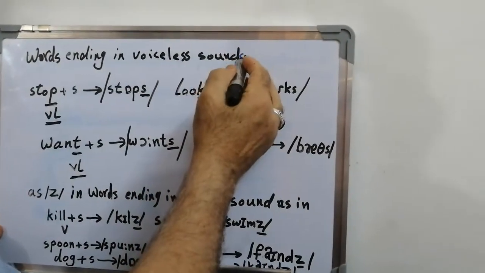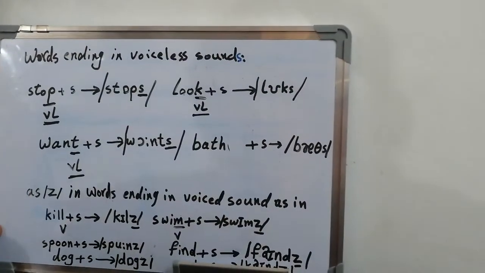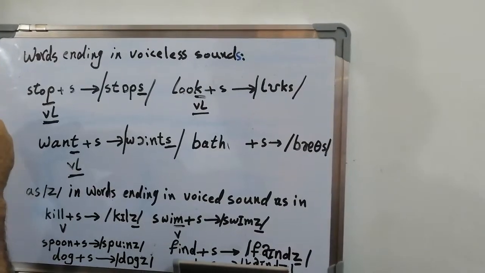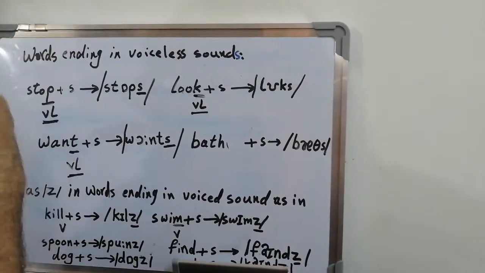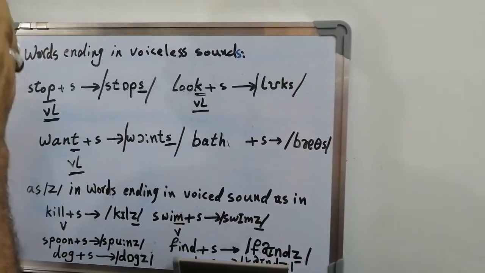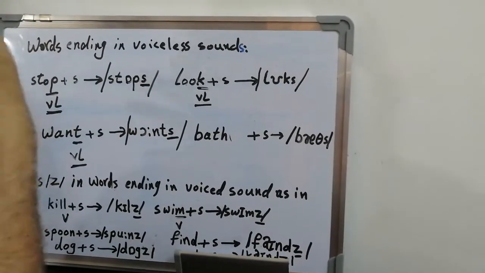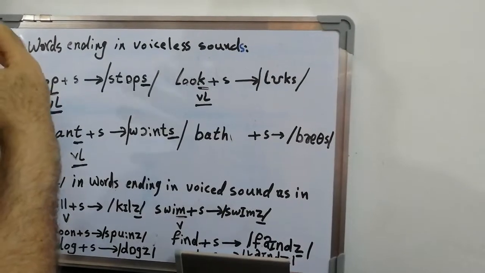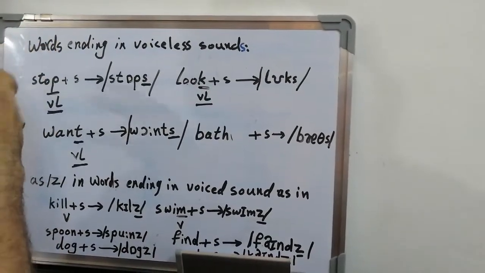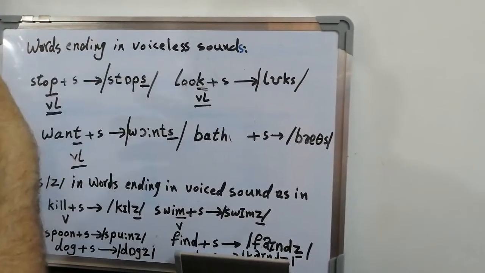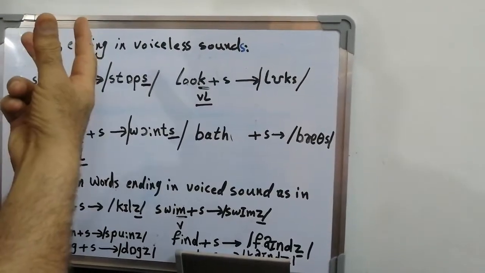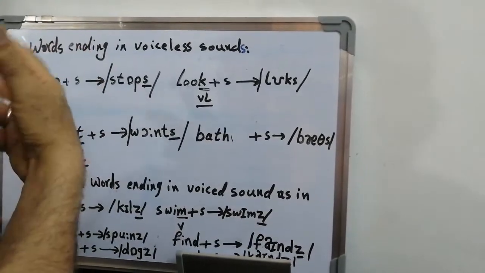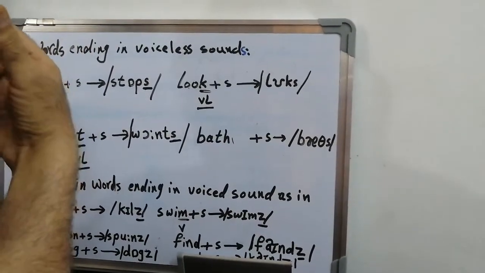I add S here. You see we have more than one consonant; they can be voiced, can be voiceless. You remember in the chart I gave you, there is a classification of the consonants. Some consonants, when they are pronounced, the vocal cords vibrate, and the consequence of this is that the sound is called voiced.